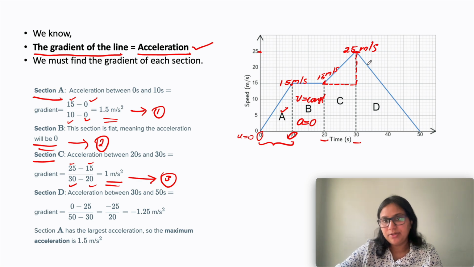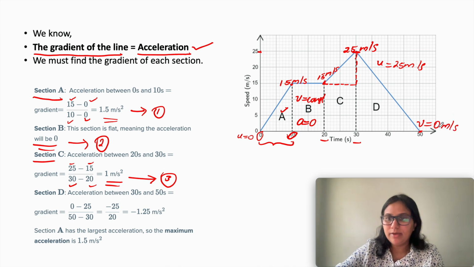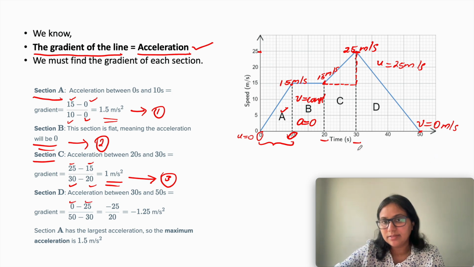For the last one, you again have to calculate the gradient. The initial value is 25 meter per second, but the final velocity is touching the x-axis, indicating that v is equal to 0 meter per second. So the final value 0 minus 25, and on the time axis 50 minus 30.